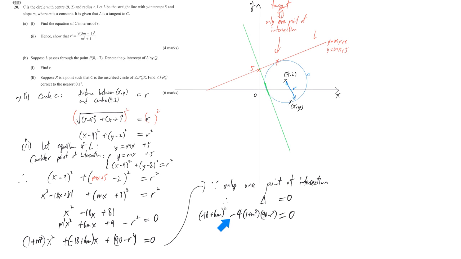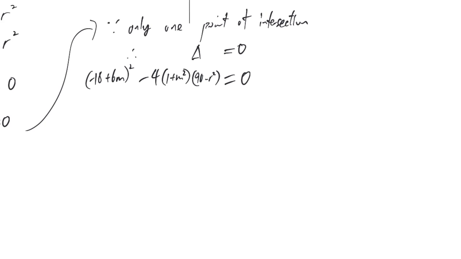You will find that this constraint gives you the relation between m and r only, and our target is to make r squared the subject. Don't forget it. You may use your own method to simplify it, but basically I will extract 6 here, so it becomes 6 squared, 36.